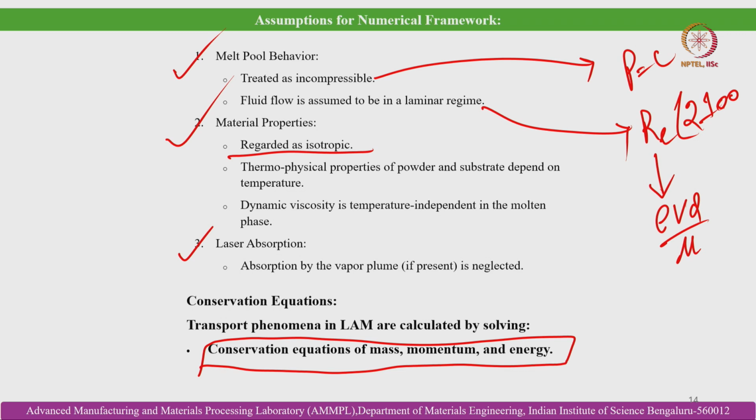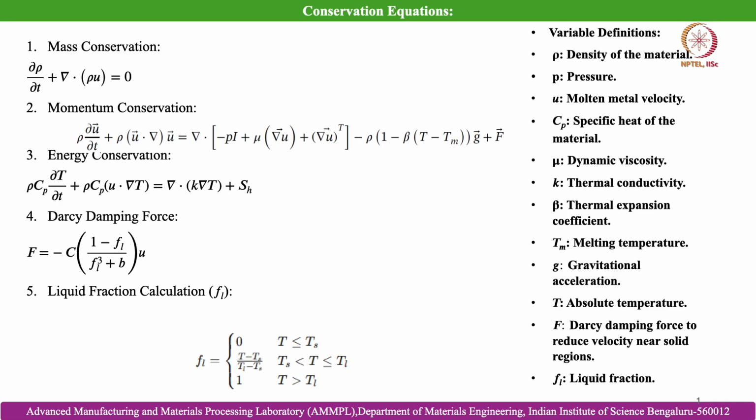We also need to solve species in relevant occasions. Mass conservation is the equation you are already familiar with: del rho del t plus grad dot rho u is equal to 0, where rho is the density of the material and u is the molten metal velocity.